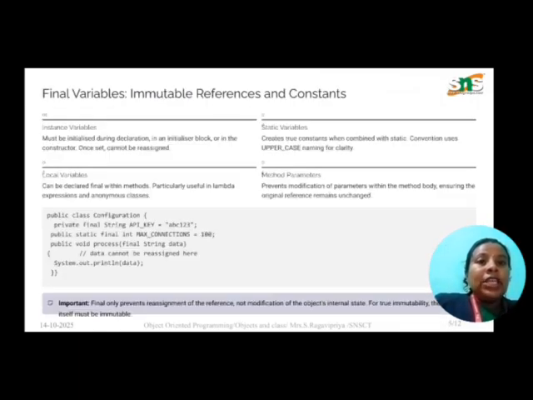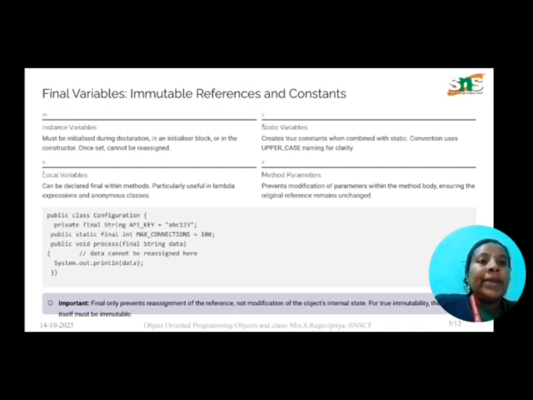Final variables: immutable references and constants. Instance variables must be initialized during declaration, in an initializer block, or in the constructor. Once set, they cannot be reassigned. This is called an instance variable. What is a static variable? It creates constants when combined with static.